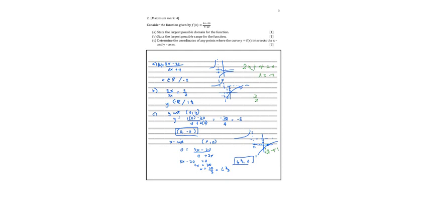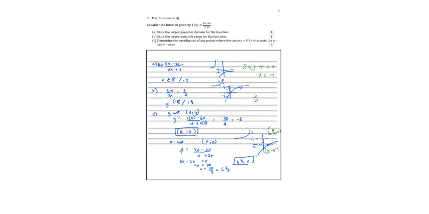So again, substitute 0 for y in 3x minus 20 over 4 plus 2x. If you try to cross multiply, that will give 3x minus 20 equals 0. So 3x equals 20, x equals 20 over 3, or 6 and 2/3. So when your x is 6 and 2/3, the value of y is 0. Okay, it is at this point.